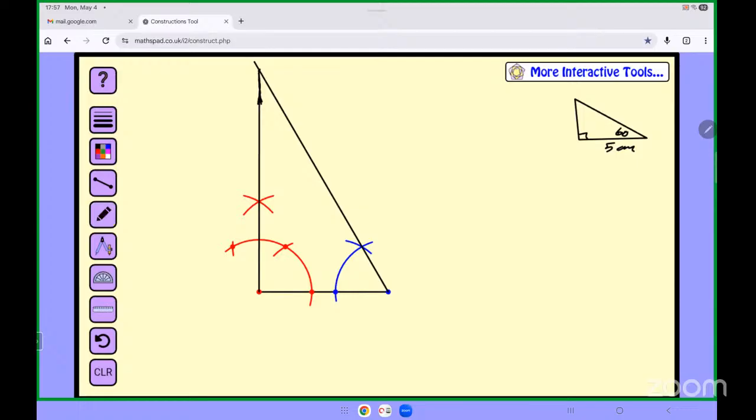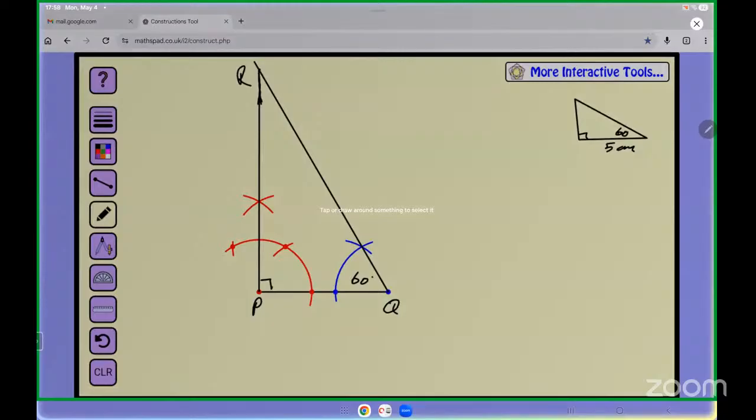This was P, Q, R. This is 90. This is 60 degrees. That is it. All right, something like that. Let's copy this, put it over there.